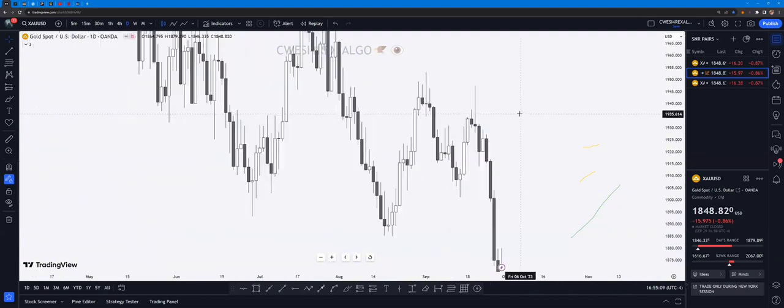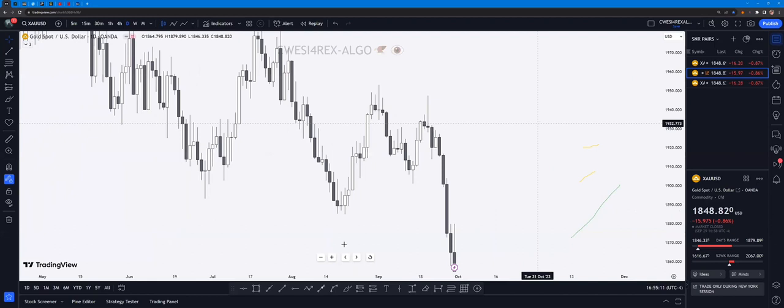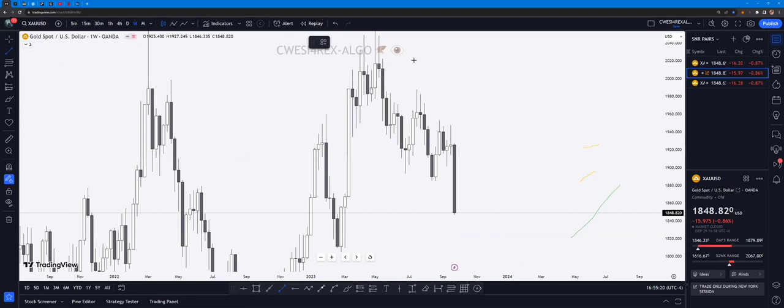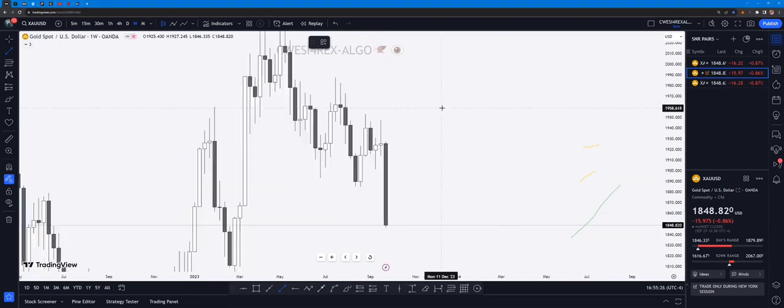There are times that, let's say, price rejects a higher time frame, but there's no breakout. If price rejects the weekly time frame and you don't see any breakouts on the lower time frame, then why should you be holding that particular trade? That's a high risk trade or entry for you.